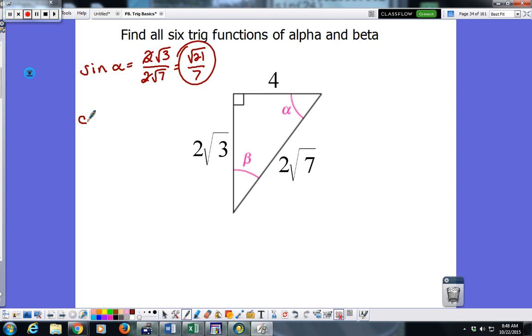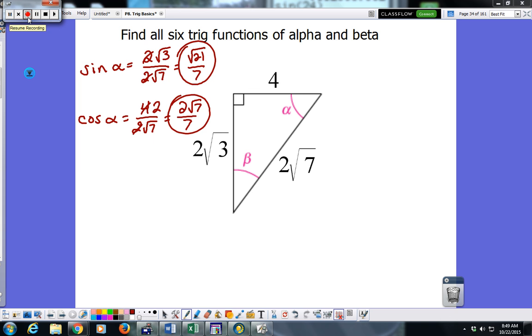Cosine alpha. Cosine is adjacent over hypotenuse, which would be 4 over 2 root 7. 4 over 2 reduces to 2. 2 over root 7, multiply top and bottom by root 7, gives you 2 root 7 over 7.